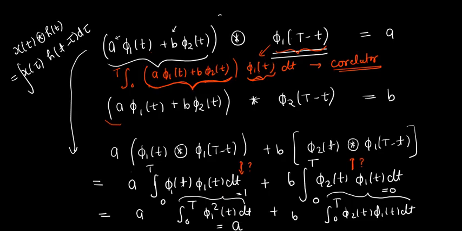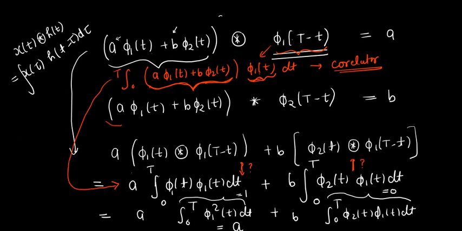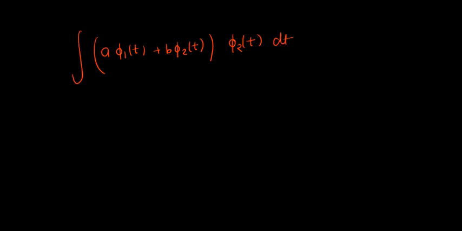See here, you do this: just take phi 1 inside, plus b phi 1 inside, and using the property of the orthonormal basis that they have unit energy and they are orthogonal to each other, you can say that this is A. Similarly, you can apply this here. If we apply the correlator filter, the output of the second branch will be this: you multiply it with phi 2 t dt from 0 to T.